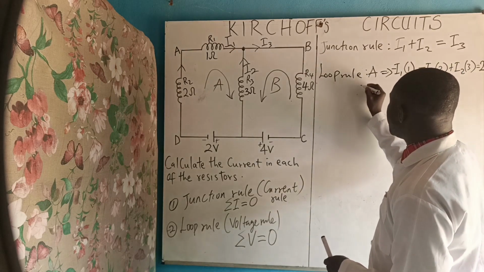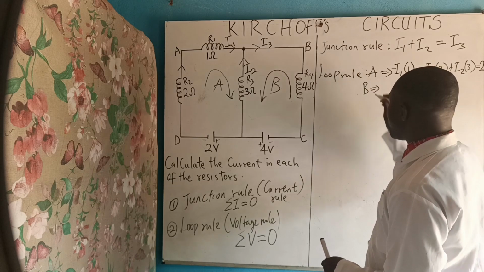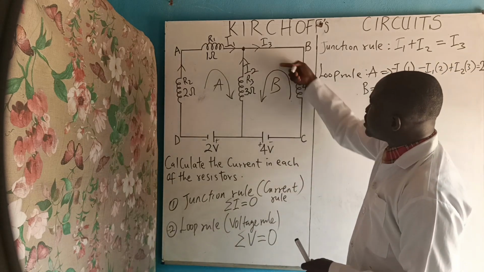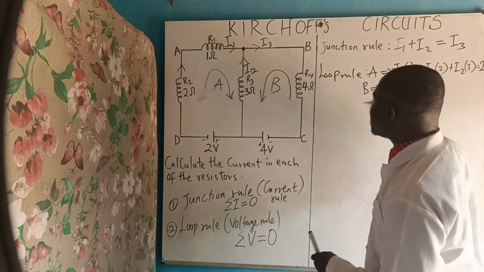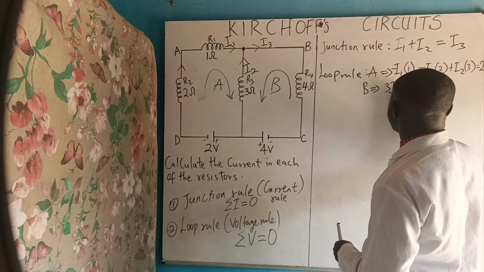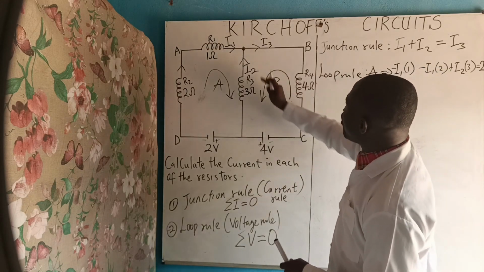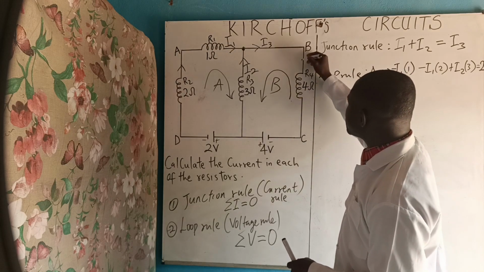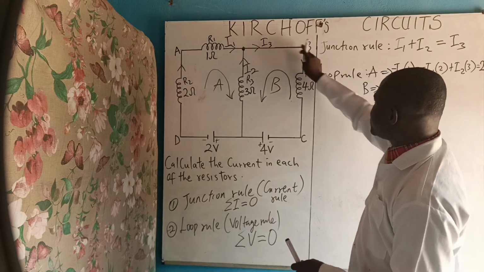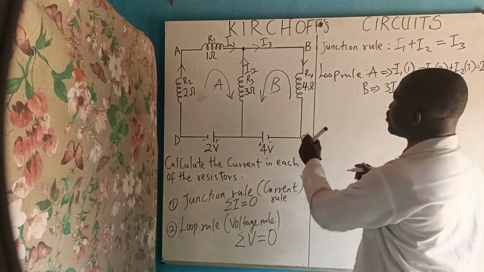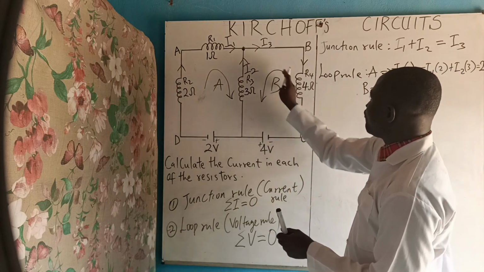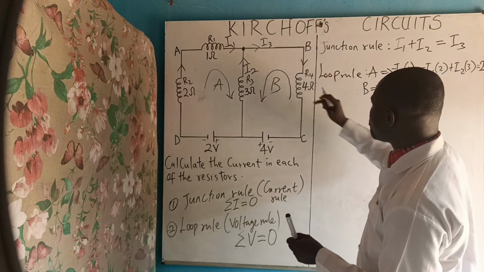Then for loop B, I will note that this is of opposite direction with this. So we have 3I2. This current will be flowing like this, so they are of opposite direction. This one moves up, the loop moves up, and this current is moving down.